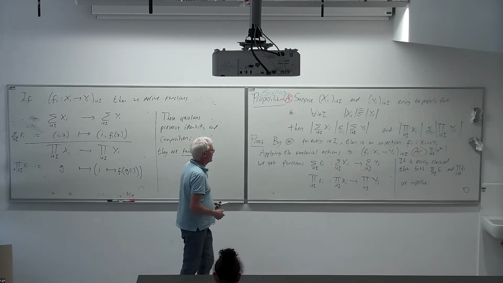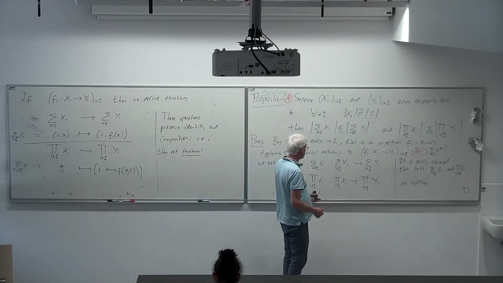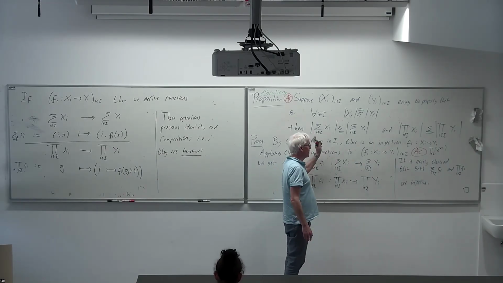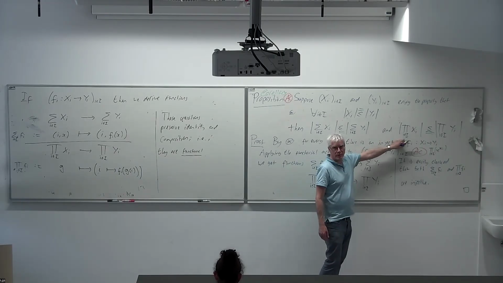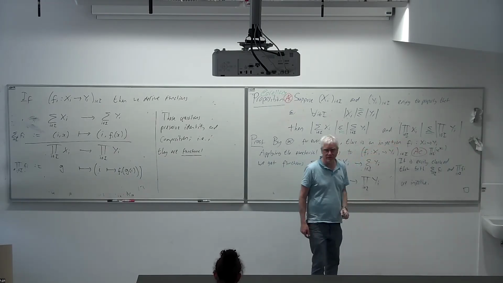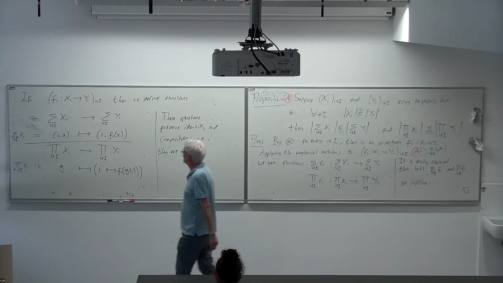So we have that indexed sums and indexed products preserve cardinality. Respect cardinality.